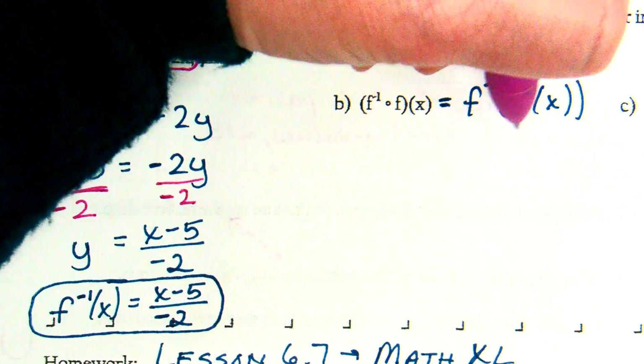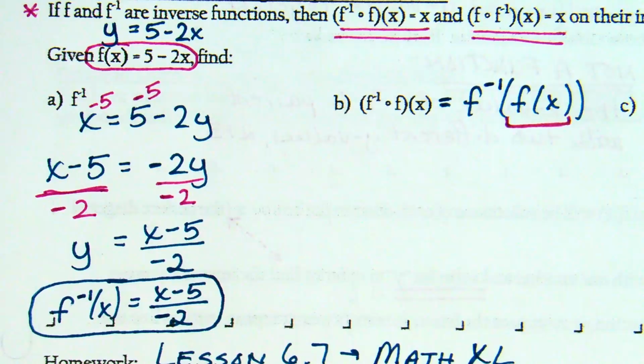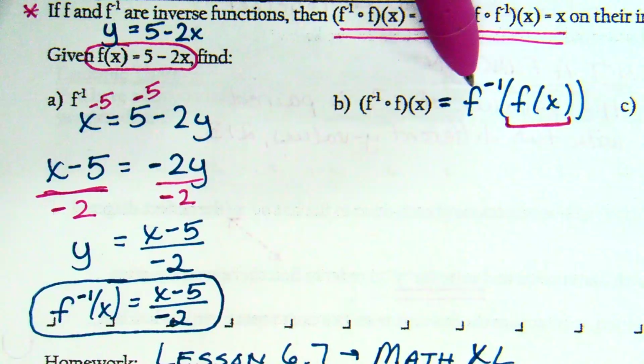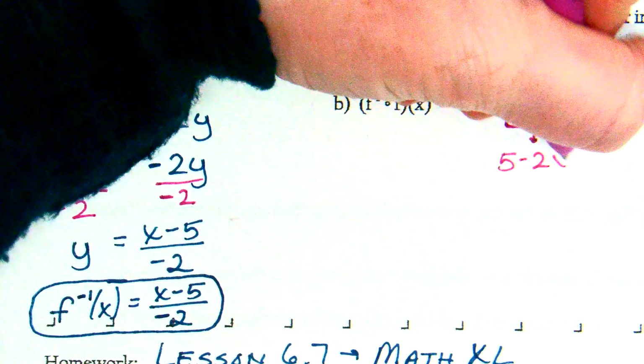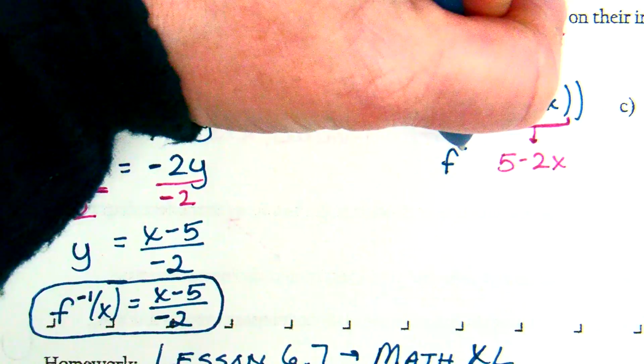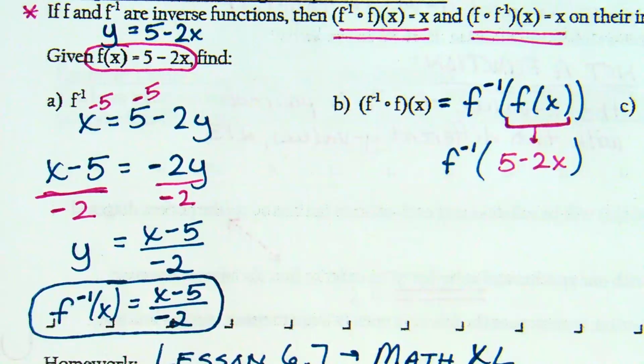What is f inverse? Didn't we find it over here in part A? F inverse came out to be x minus 5 divided by negative 2, correct? So if we're trying to find f inverse of 5 minus 2x, every place I see an x, I'm going to replace it with 5 minus 2x.